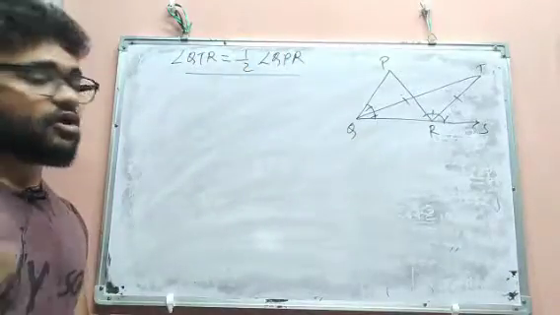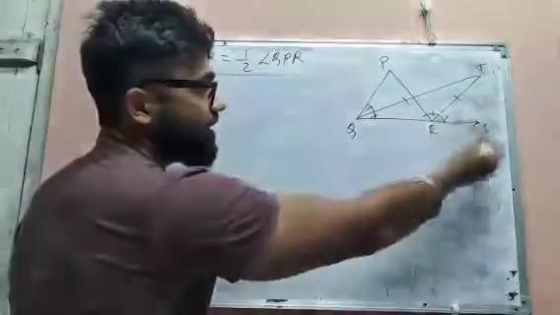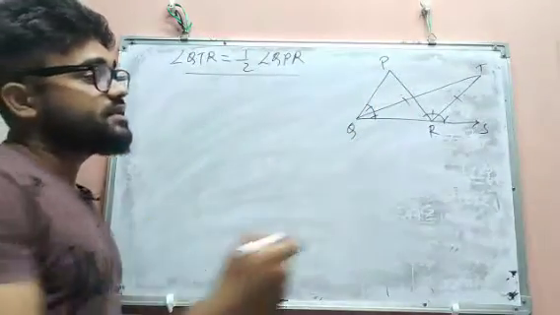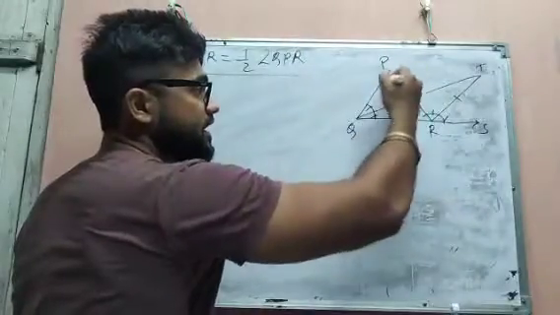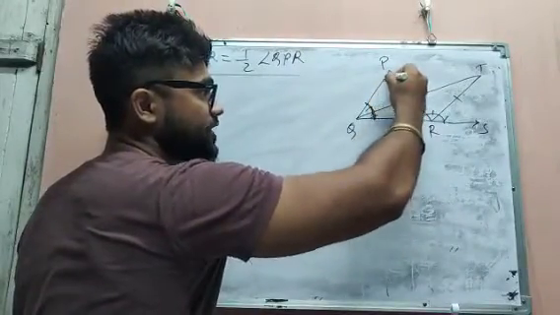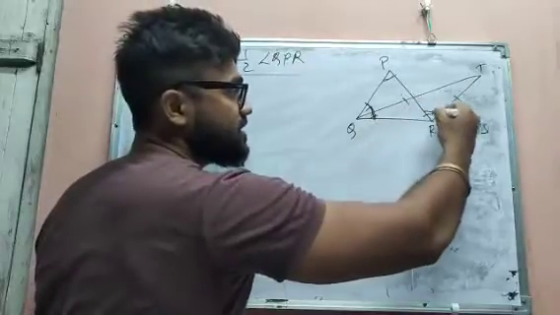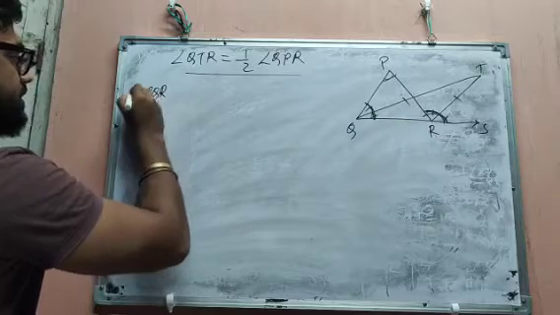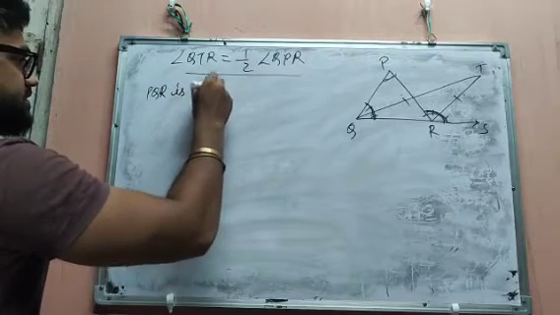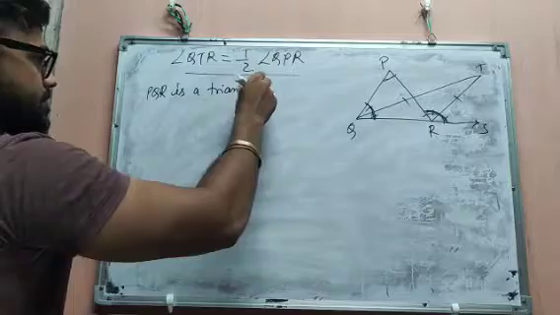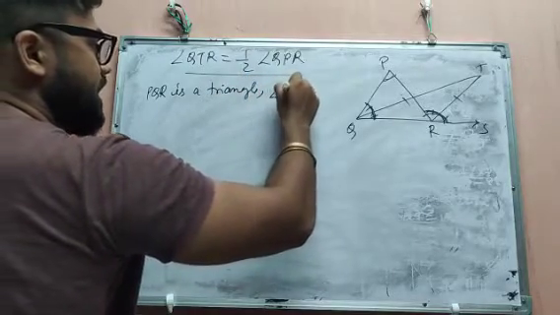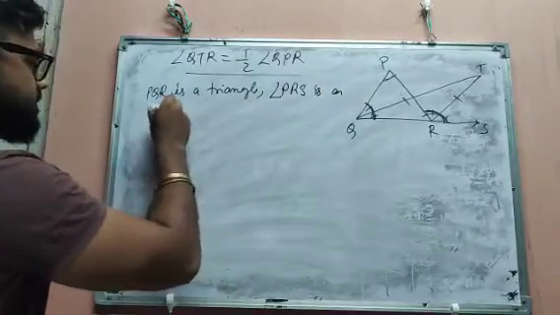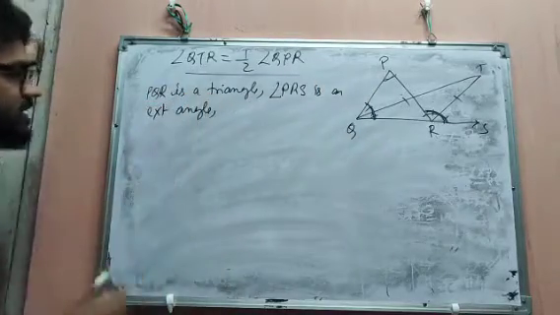Before that, we know that QRS is an exterior angle of the triangle PQR. That means the sum of the two interior opposite angles is always equal to the exterior angle. So, PQR is a triangle, and angle PRS is an exterior angle.